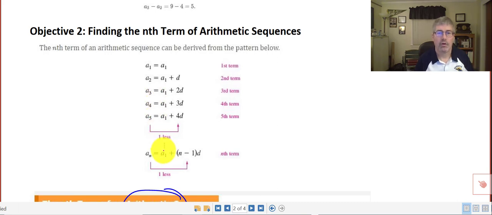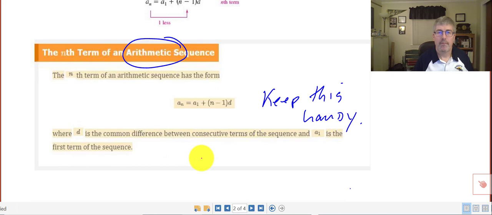So our nth term is equal to the first term plus n minus 1 times the difference, which leaves us our formula here. So we can find the nth term of an arithmetic sequence by using a sub n equals a sub 1 plus n minus 1 times d, where d is the common difference.